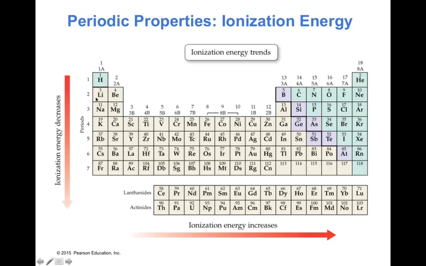If you are in period number 2, that electron is pretty close, compared to the one in cesium, which is in 6s. So it's easier to remove an electron from a 6s than from a 2s. That's why the ionization energy decreases going down, because it's harder to remove an electron from the top of the periodic table than from the bottom. So the ionization energy increases from left to right and decreases from top to bottom.